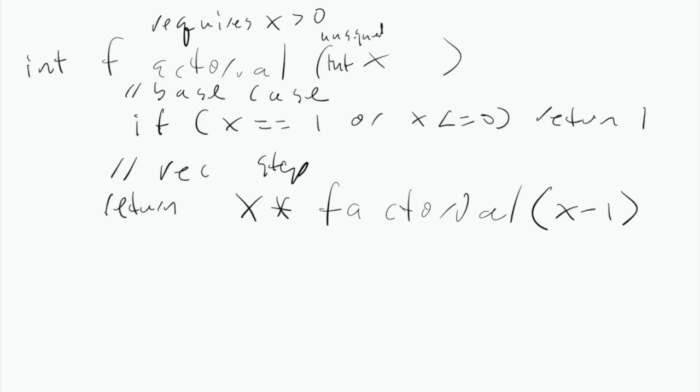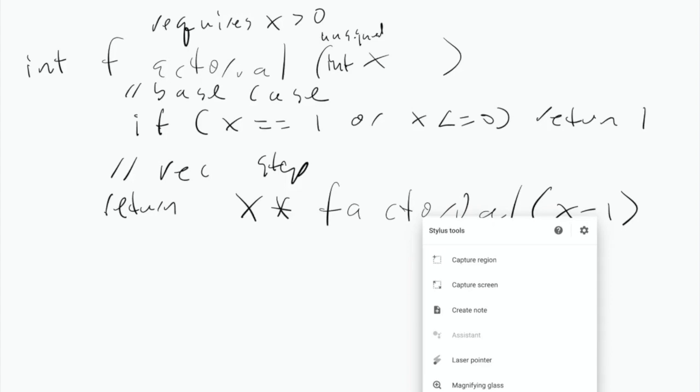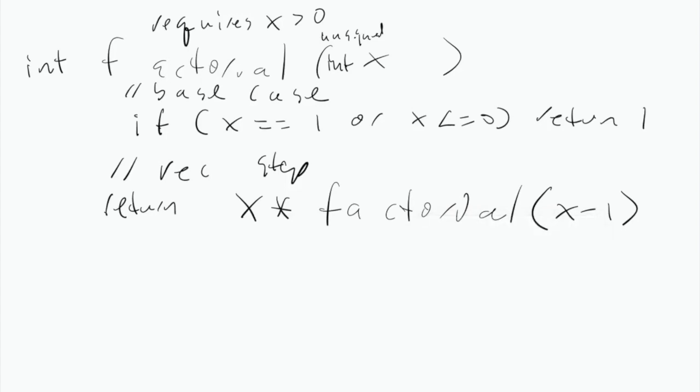So you can do all that formal stuff. What your classmate is pointing out is that since x is monotonically decreasing on every call, once we get to x equals 2, it will call factorial of 1. That will reach the base case and return 1.